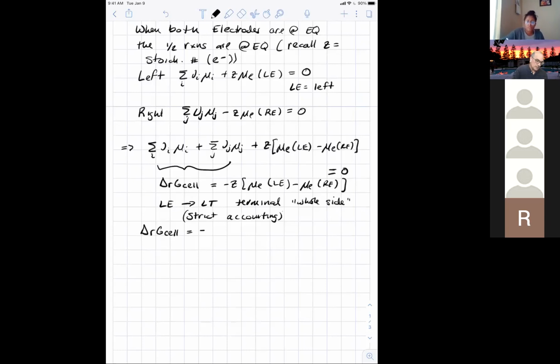And what this enables us to do when we talk about the whole half cell on each side is we really have then the potential of the right minus the potential of the left. And that potential difference we're going to define as the cell EMF.